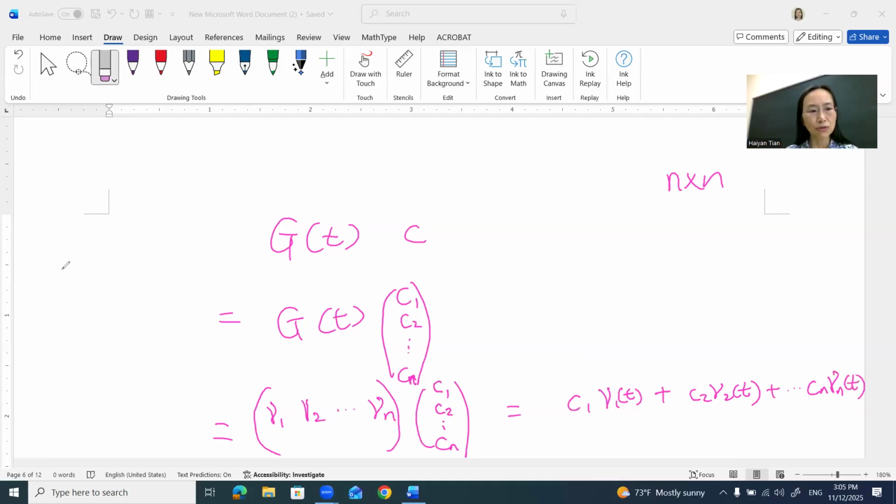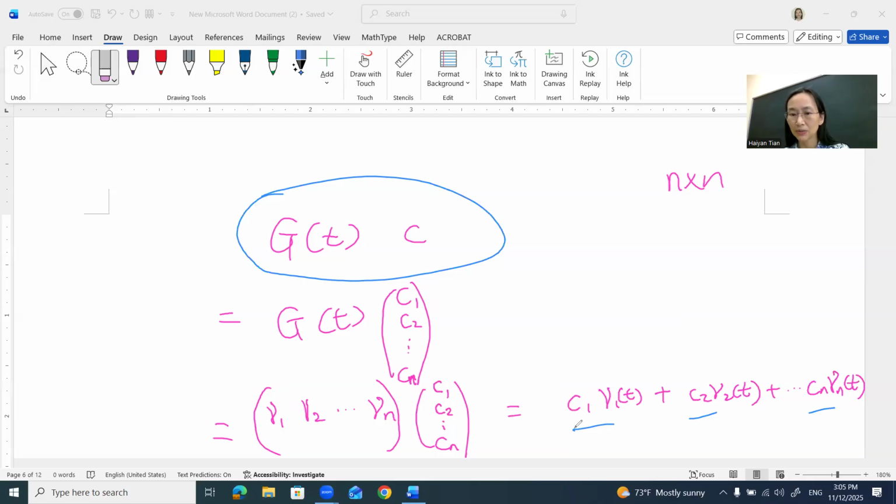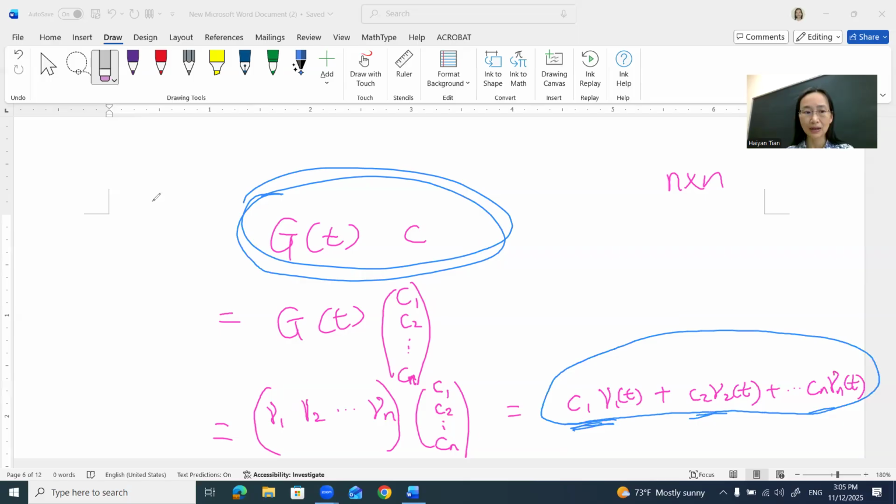It's just to realize that G times a vector, the matrix times a vector, is actually, you see, the C means a column vector with n entries. And that column vector shows the combination, the weights for the combination of the columns. So G times C is just the combination of the n columns.